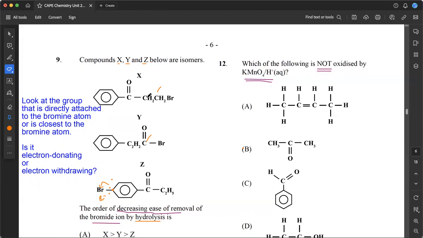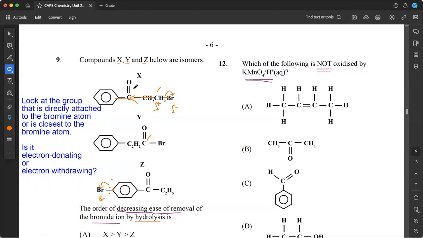This carbon is attached to this carbon, which is attached to this electron withdrawing group, which is a carbonyl group, which is also attached to a phenyl ring. So what you're going to find is that the electrons are going to be pulled this way in towards the ring. And so the net effect is that this is going to have a partial positive charge, and that's going to leave the bromine with a partial negative charge. And so it will be easy for it to take the electrons onto itself. So that's how it's going to work, right?